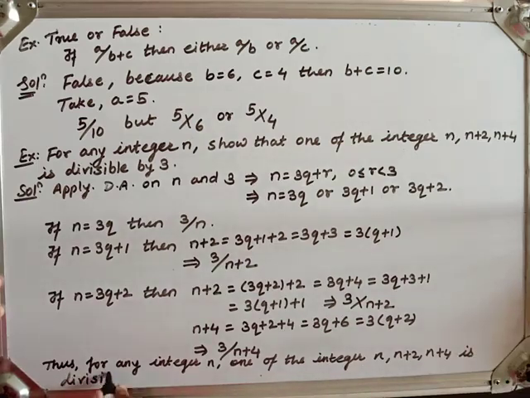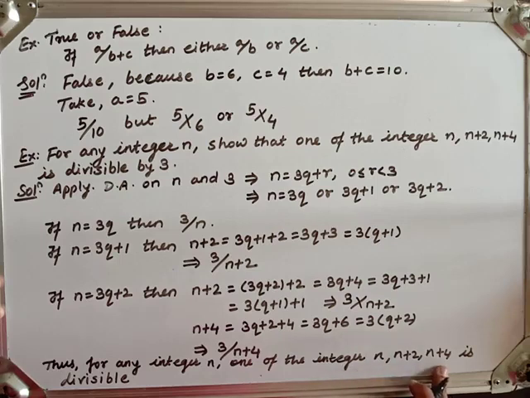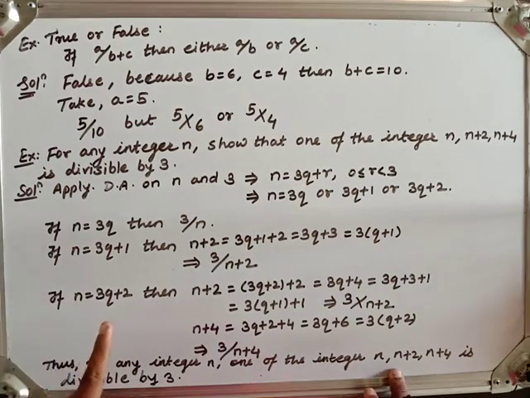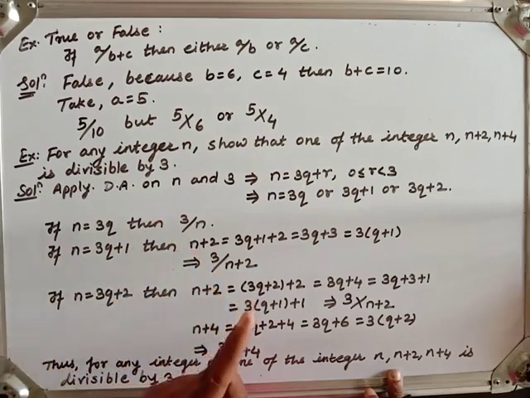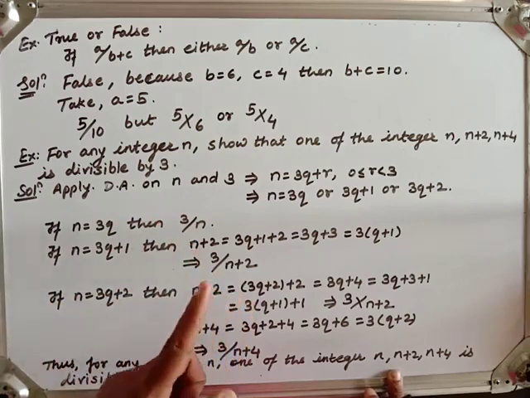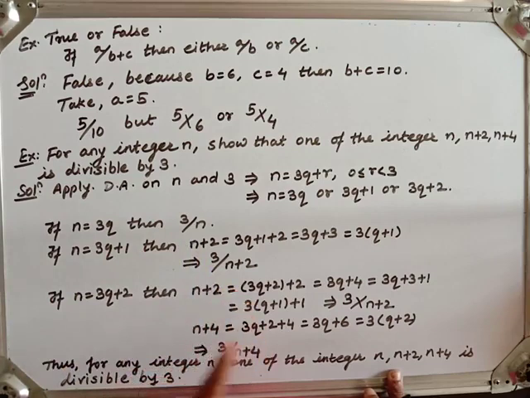Now these are nothing but 3 consecutive even numbers. So one of the integers from 3 consecutive even numbers is divisible by 3. This is the conclusion here. This question may be asked as, show that one among 3 consecutive even numbers is divisible by 3. Okay.